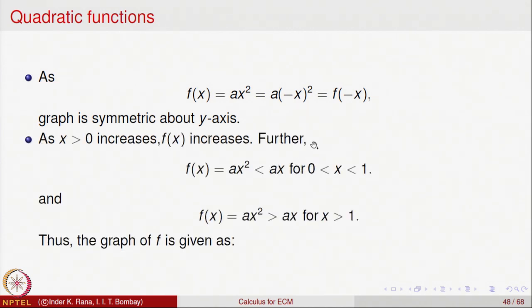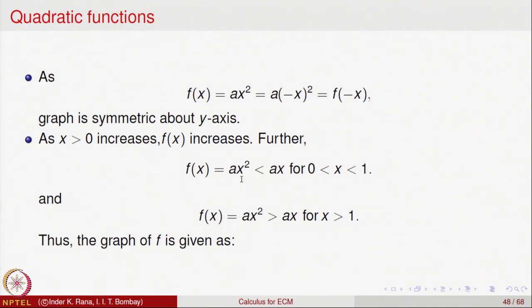We are trying to get a picture of the function, a visualization. If x is bigger than 0, then f x is increasing, of course, because f x is equal to a x square. Further, note that a x square is always less than a x between 0 and 1, because x square will be much smaller between 0 and 1.